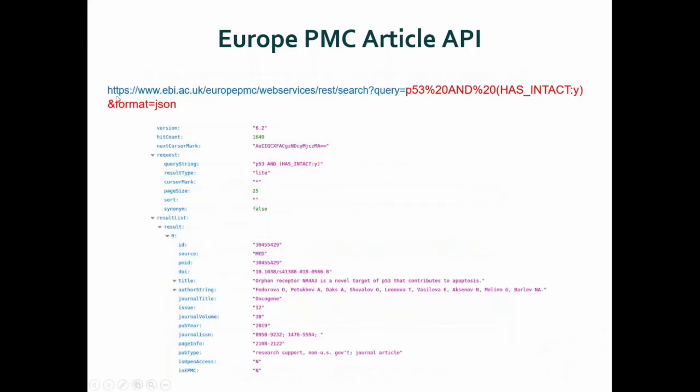You basically have the base URL, which gives you a quick search functionality, and you just add the query of your interest, that is P53 and articles that have INTACT publications, in JSON format, and then it lists all the papers that agree with this query.